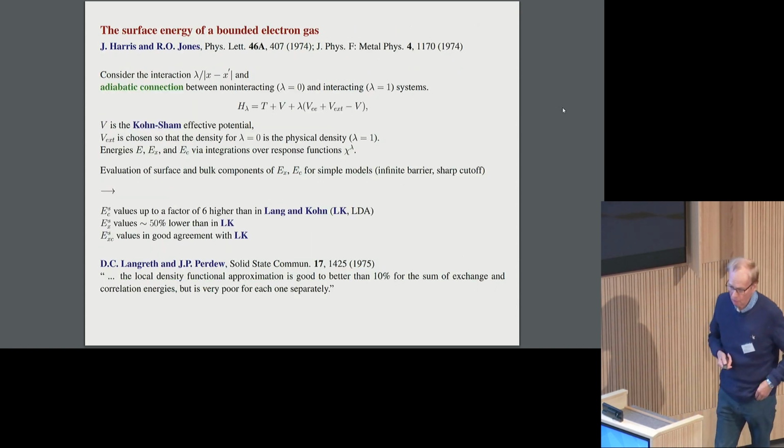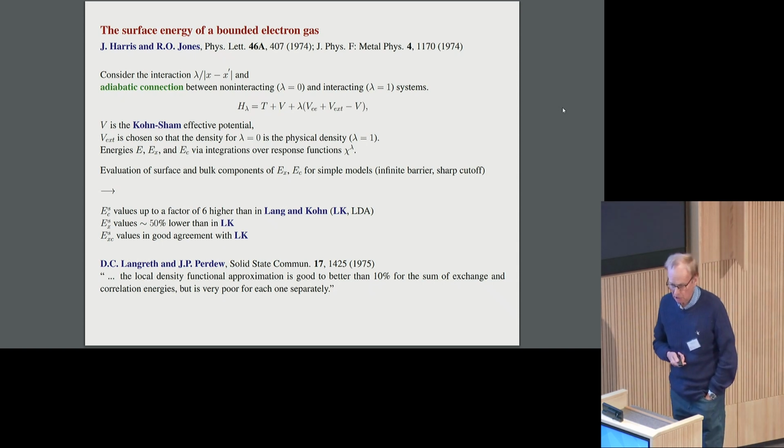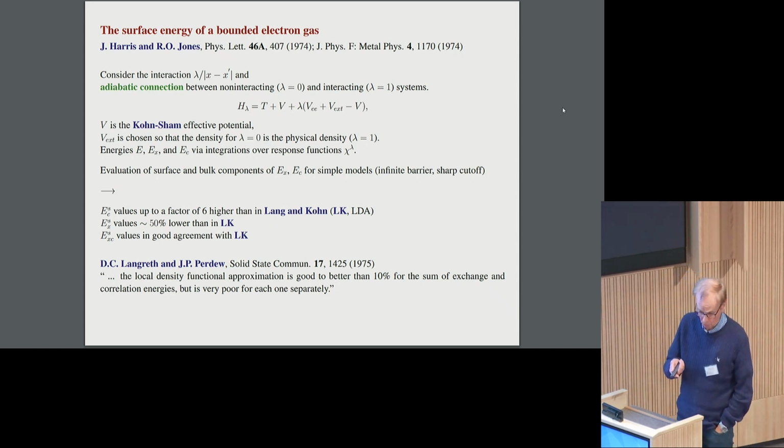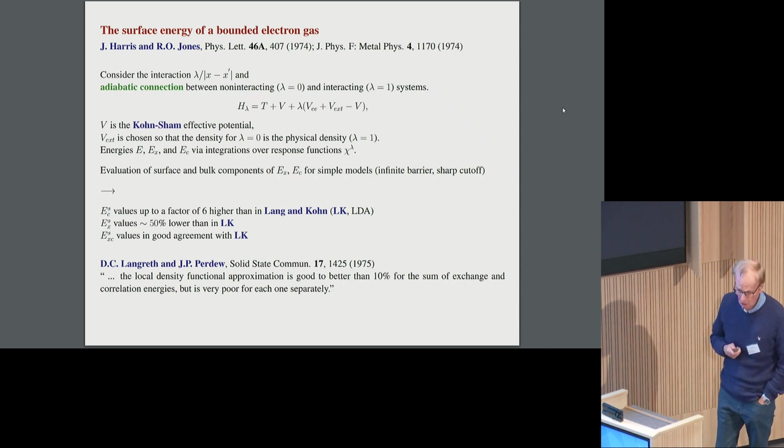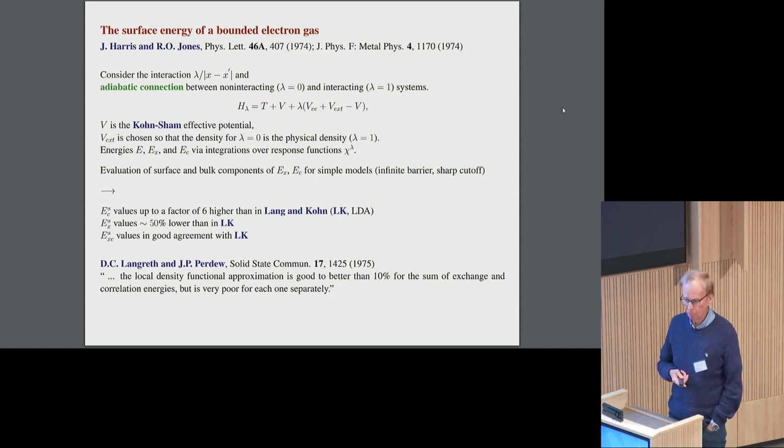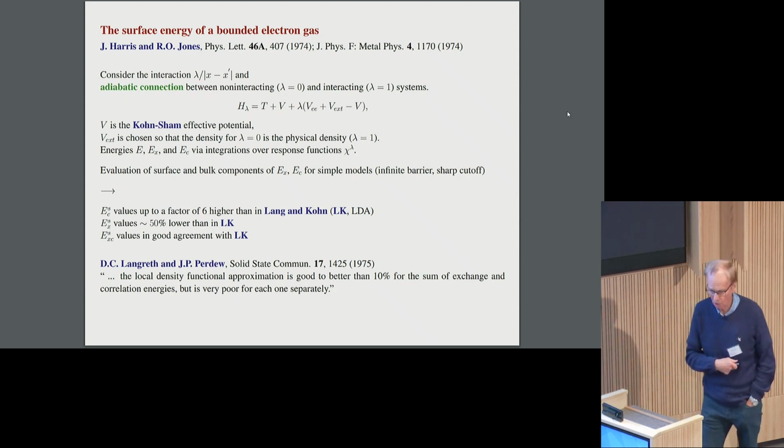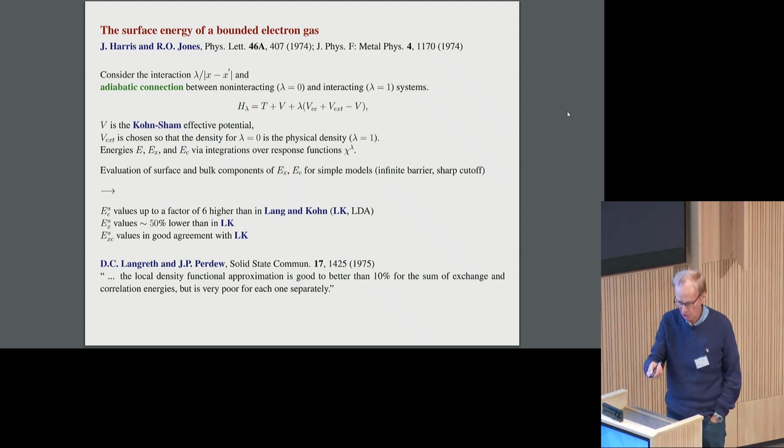How did we get involved? John Harris and I had been doing these calculations, and we decided to look and see whether we could answer that question: the surface energy of a bounded electron gas. We did this by a standard method used in many body physics, looking at the interaction, for the non-interacting system with lambda equals 0 and the interacting system that we were all trying to model.